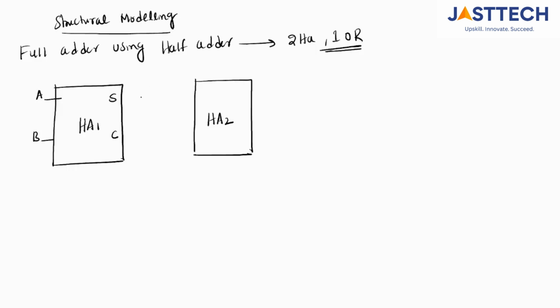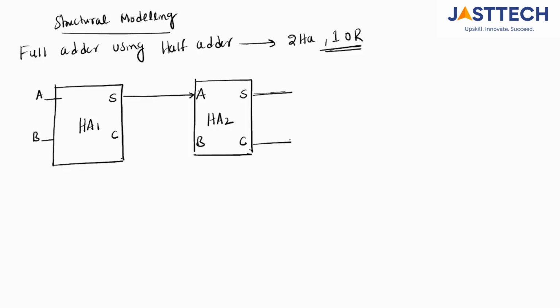This is given to one more half adder, with A and B, and sum and carry. So we are getting two outputs.